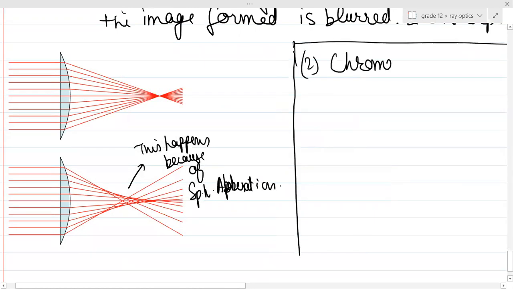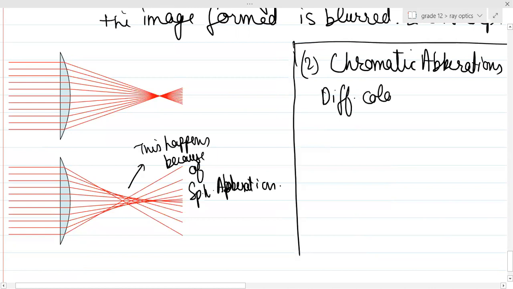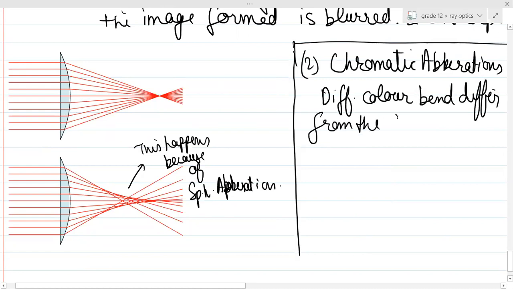Apart from this, there is something called chromatic aberration as well. What are these chromatic aberrations? We know this particular thing: light disperses into its 7 component colors, right? So different colors bend differently from the same glass, from the same lens.